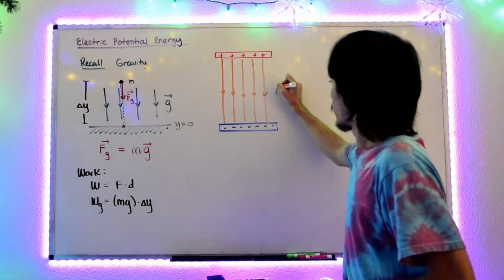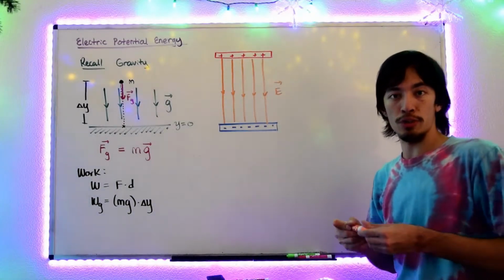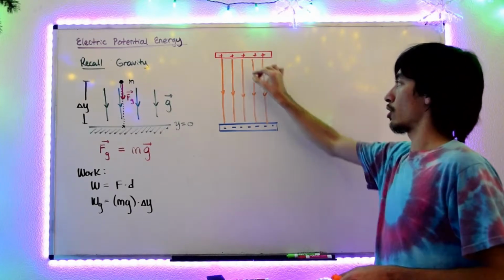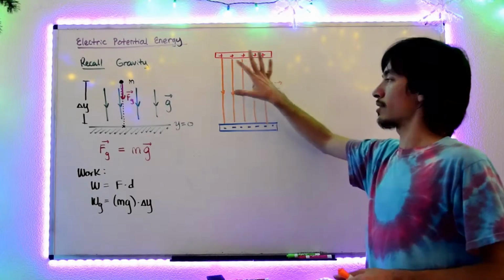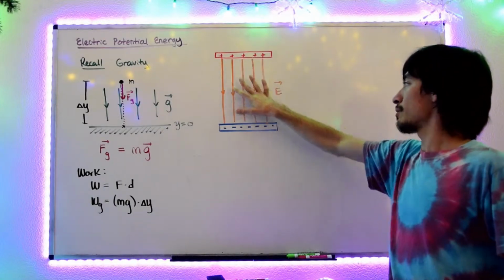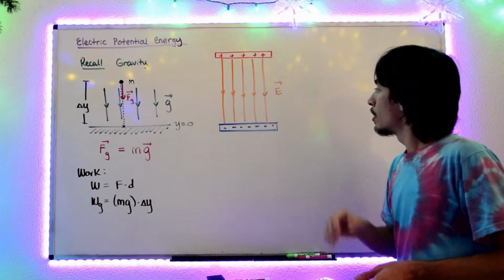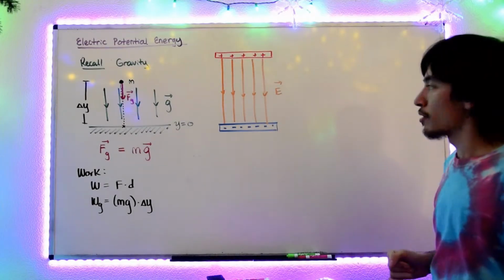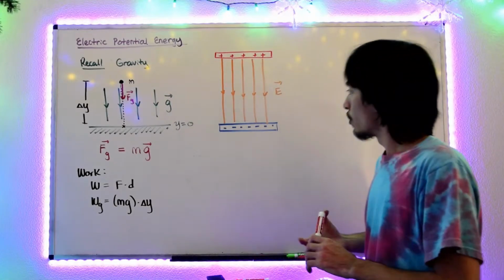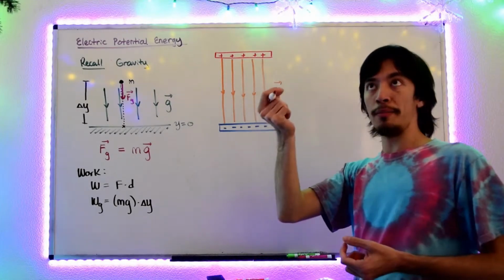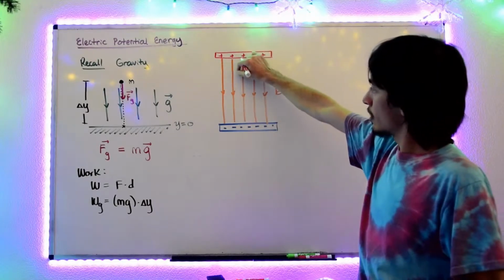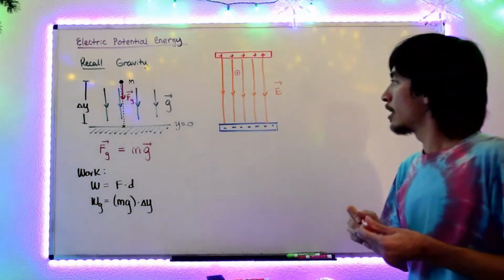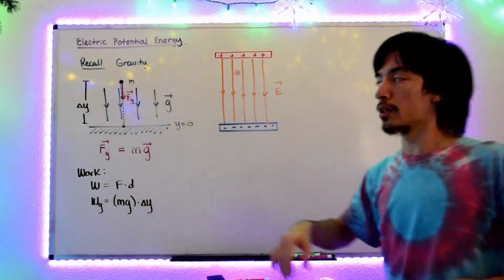So we'll consider that this is a uniform electric field, which means again that its magnitude and direction are constant everywhere. So no matter what point we pick in this region of space, same magnitude or strength and same direction. So in this case, we're calling it down. So we have an electric field that goes from the positive charges toward the negative charges. So let's consider that we take a charge and we put it in this electric field. Let's say we have this positive charge, just plop it down in there, just like we're putting a mass in a gravitational field.